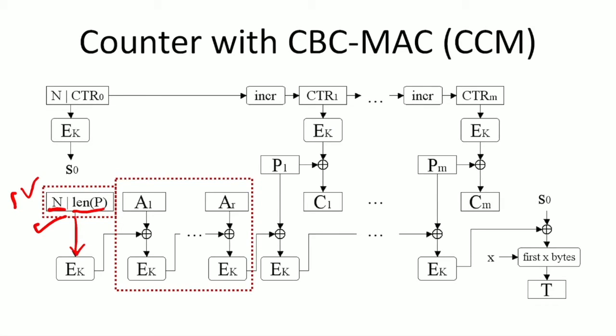So we take its ciphertext and not its plaintext and chain it with the first authentication data. We encrypt that, we chain it again with the next authentication data block, and so on. And then the ciphertext for the last authentication data is what we chain with the first plaintext block.